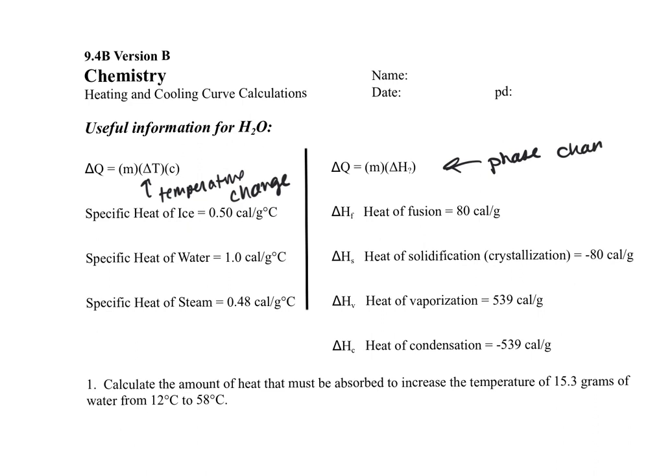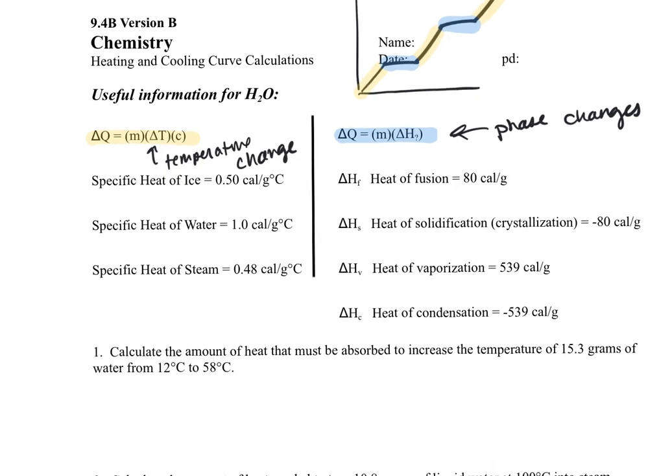So if we look at a heating curve, let's just say a quick heating curve that I'm kind of drawing over top of this, the portions that we would see using this equation would be those slanted areas of the graph. When we would see the phase change equation being used, that's what we would see in these straight portions of the graph. So what we want to do is read our problem, decide what portion of the graph it's going to occur on, and then decide what equation to use.